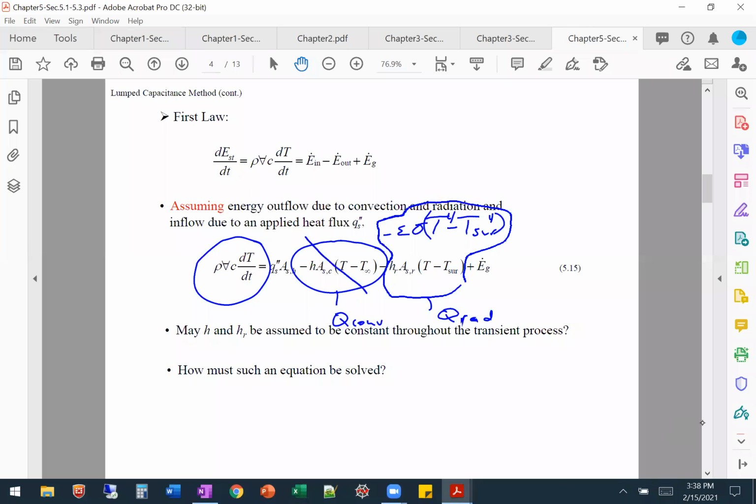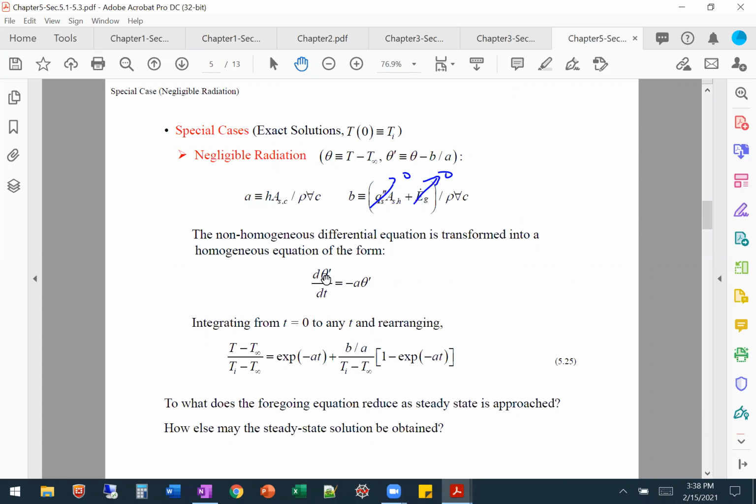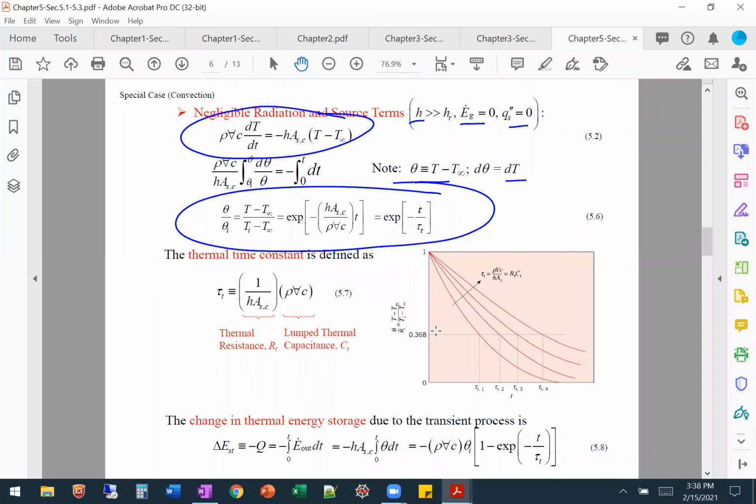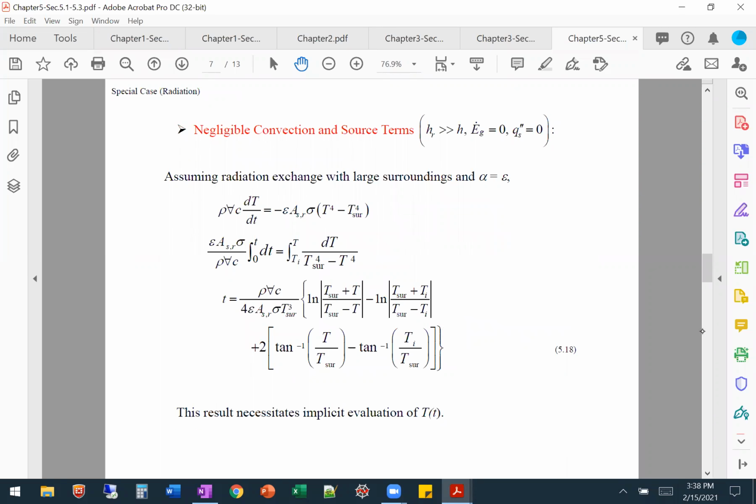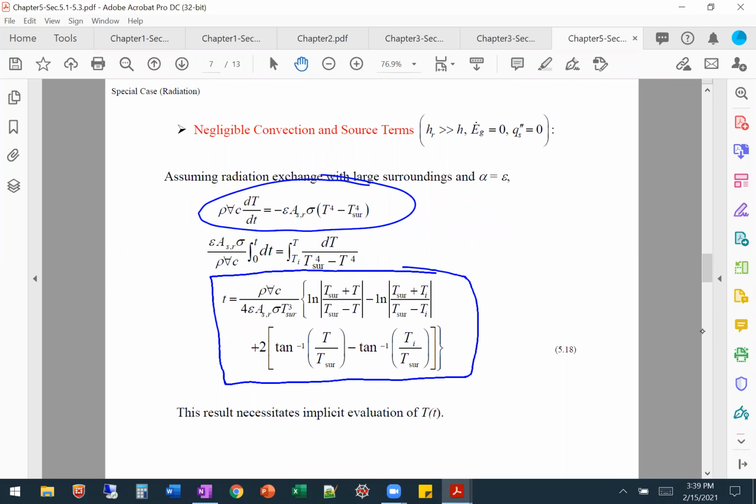For doing that, we neglected convection, heat flux, and energy generated. So all we have is this term and this one, just those two terms, okay? And if we integrate it, we have this nice small equation, right?